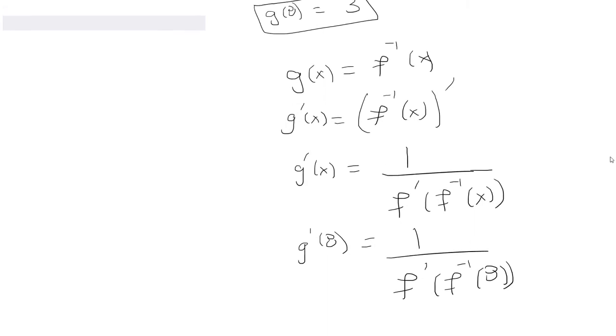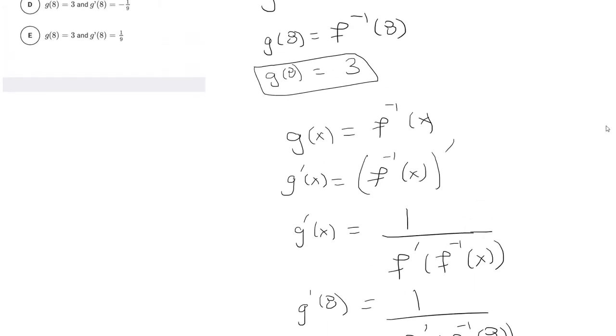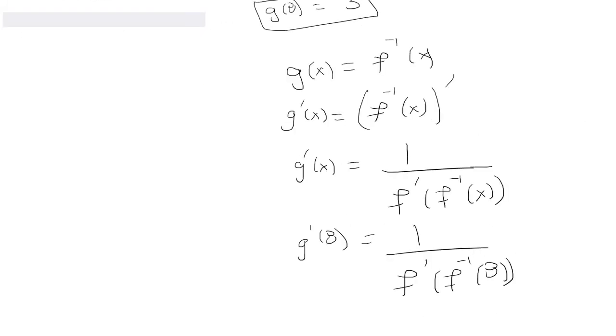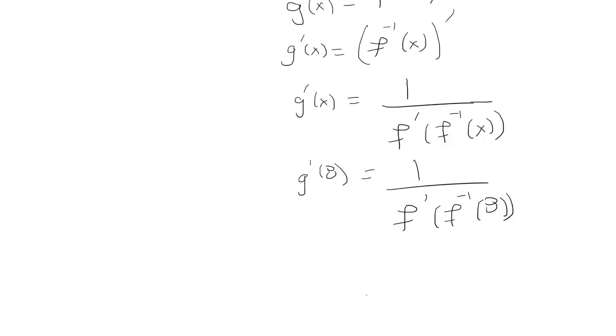The nice thing is, we just solved for f inverse of 8. We said that g of 8 is f inverse of 8, right? So f inverse of 8 is 3. Okay, so we're going to substitute f inverse of 8 with 3. So that leaves us with 1 over f prime of 3.